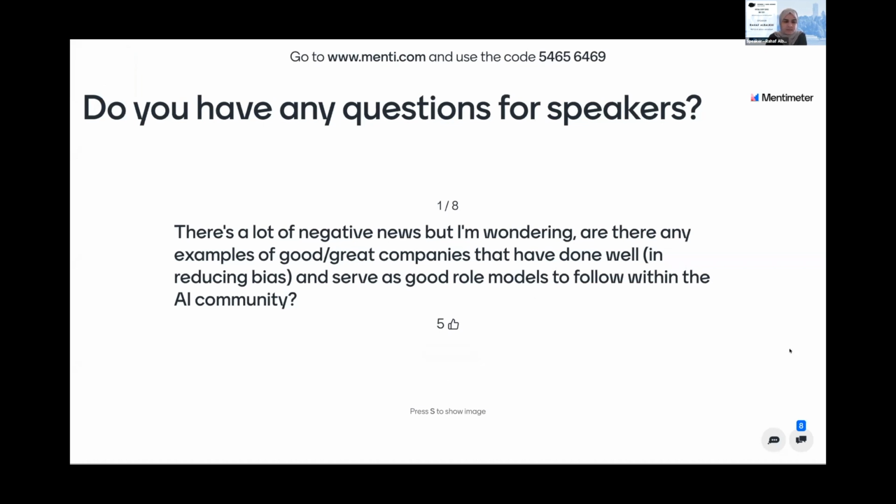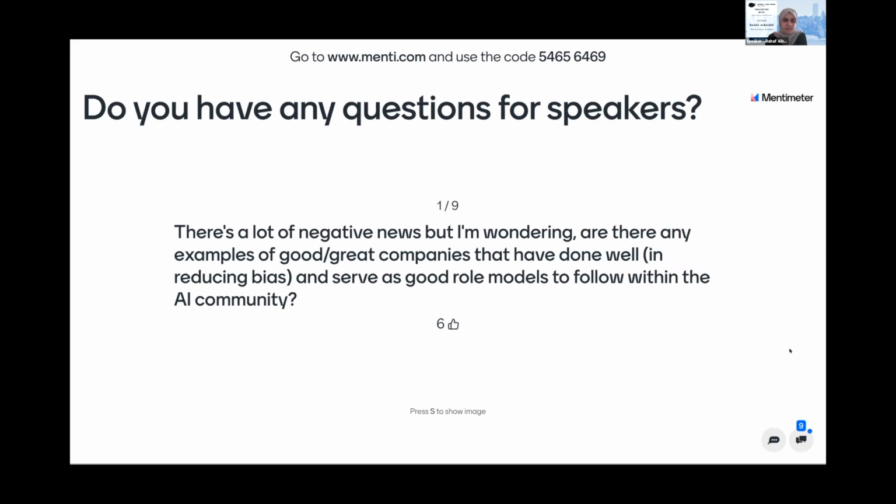So first, let's go to the first question. There is a lot of negative news, but I'm wondering, are there any examples of good or great companies that have done well in reducing bias and serve as good role models to follow within the AI community? I think the negative news here refers to, for example, what Katrina mentioned earlier about Lemonade Insurance, a company that at first mentioned that they use facial recognition, some facial features, to decide who could be a potential insurance fraud and stuff like that.